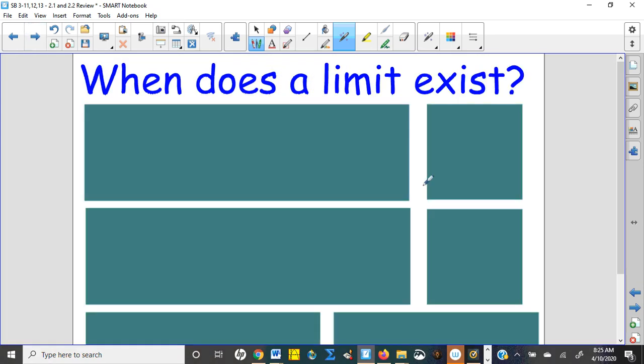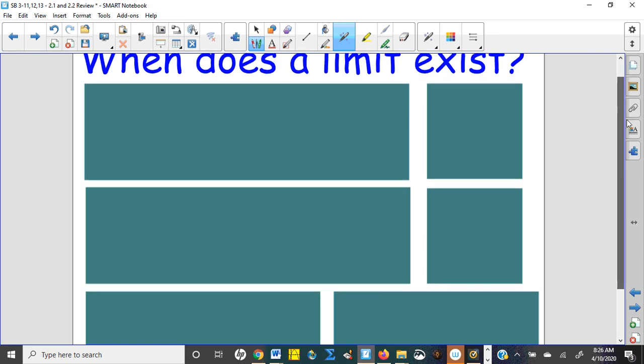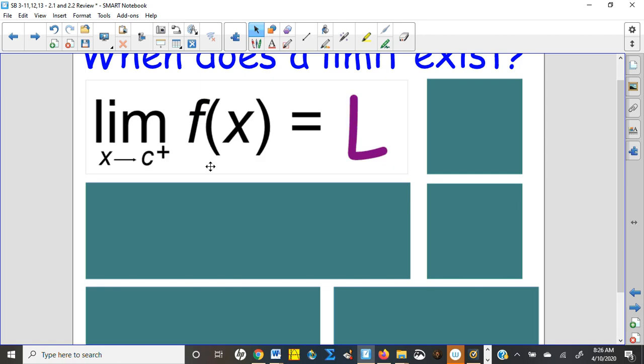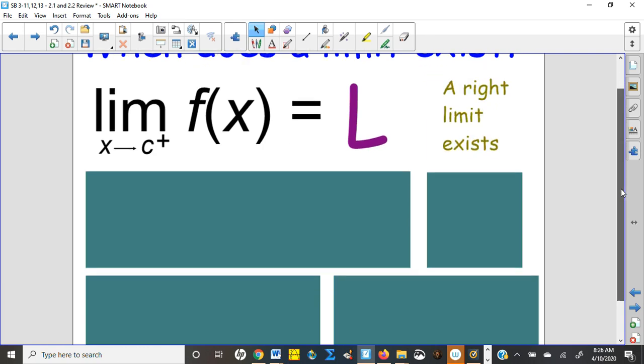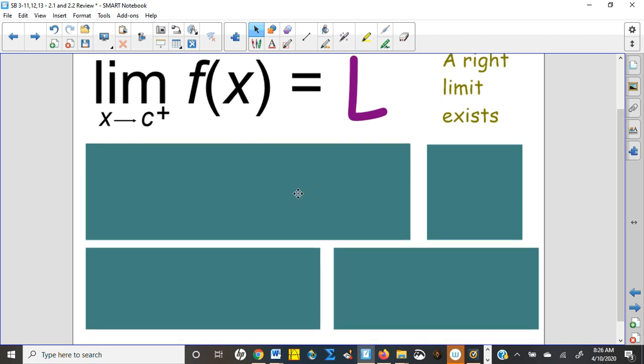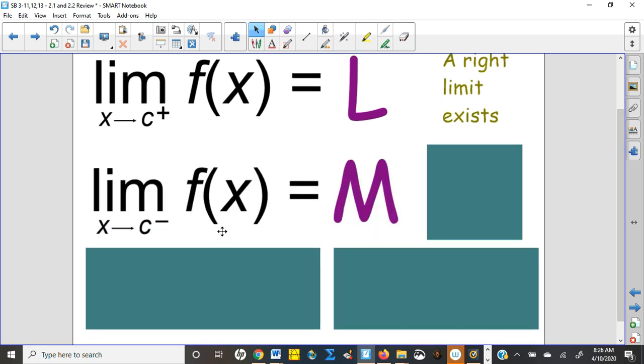Okay. Secondly, when does a limit exist? And this is what we were just talking about on number 26. 26 was a good problem to illustrate this. First of all, you have to have a right limit that exists. So here the limit coming from the positive side, the right, exists, right? It looks like it's L. It has to be a real number. Secondly, you have to have a left limit that exists. Okay.